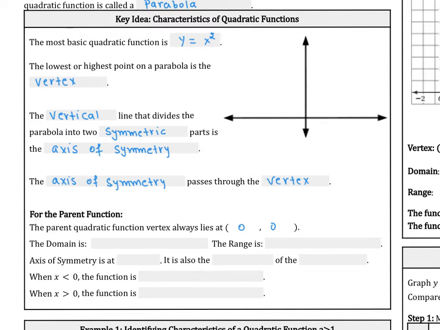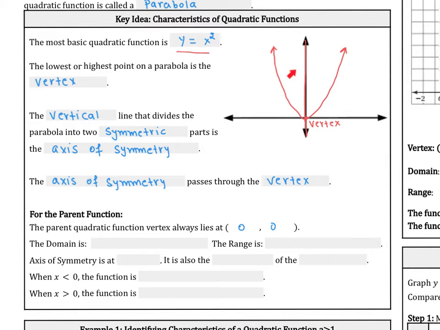So a parabola for this type of graph is going to start from 0, 0, and it's going to give you a U-shaped graph. Now this point on the very bottom, where the parabola starts, is called the vertex. This line is dividing the parabola into two equal parts. So this is symmetrical with this part.